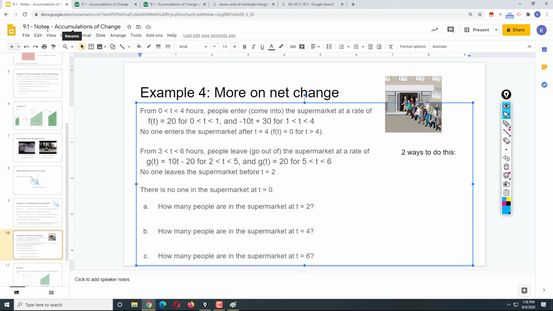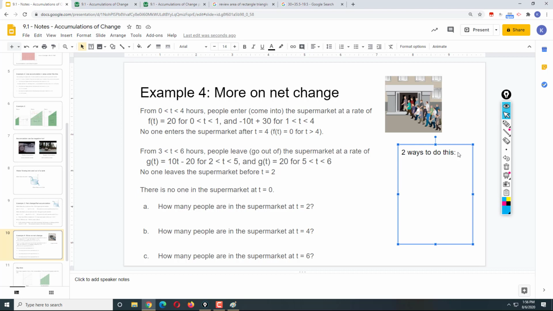There's no one in the supermarket at t equals 0. Okay, so part A. How many people are in the supermarket at t equals 2? There are two ways to do this. One way is to find the area in minus area out. That's what we did in the last example. The second method is to do the area. So in other words, we want the area of f of t minus area of g of t.